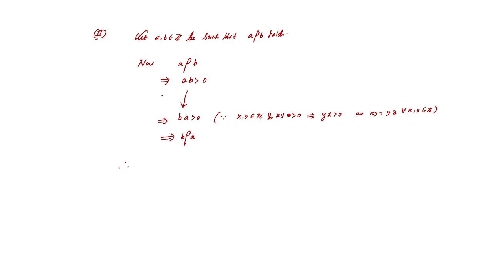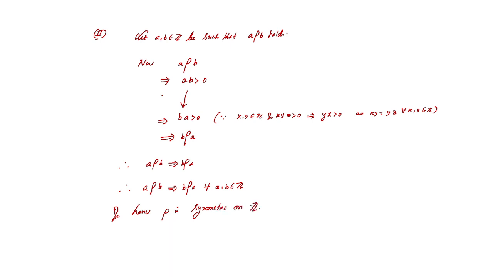We proved A rho B implies B rho A. We have taken A, B as arbitrary. So A rho B implies B is related to A for all A, B belongs to Z, and hence we can say rho is symmetric on Z.